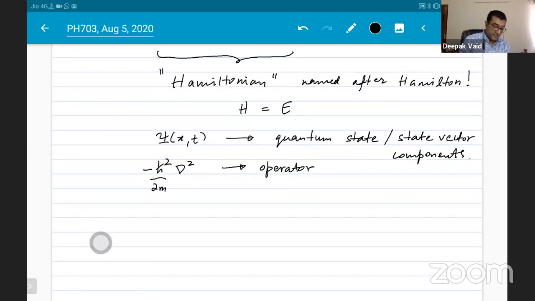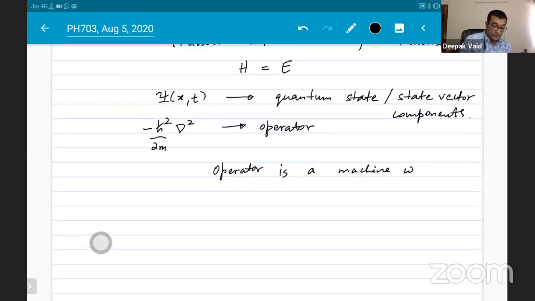Well, because it takes a function. An operator is basically a machine, okay, which takes input and gives you some output.